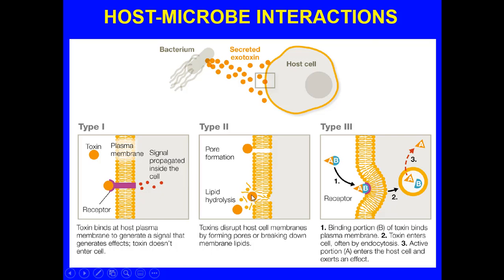So you go through this hydrolysis and popping off phosphate groups, etc. So you literally have a breaking down of the membrane lipids. Type 3 is AB, all right? One section, B, binds the plasma membrane and successfully delivers it on the inside. Then A and B separate. A starts doing the massive bad stuff inside of the cell.